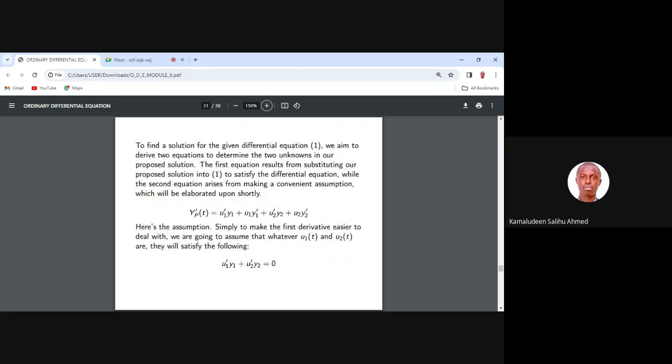We aim to derive two equations to determine the two unknowns in our proposed solution. The first equation results from substituting our proposed solution into equation 1 to satisfy the differential equation, while the second equation arises from making a convenient assumption which will be elaborated upon shortly.